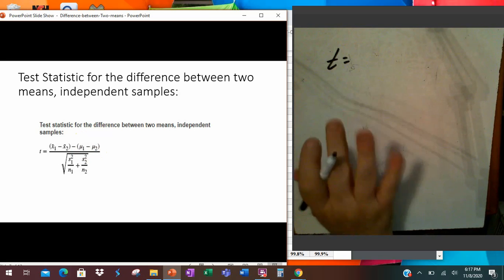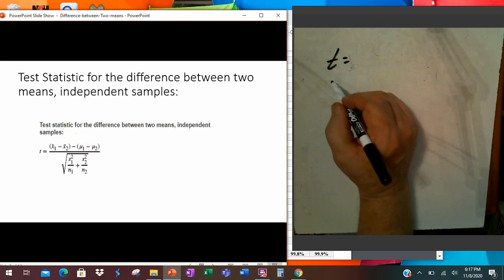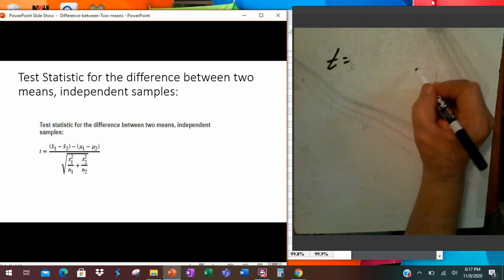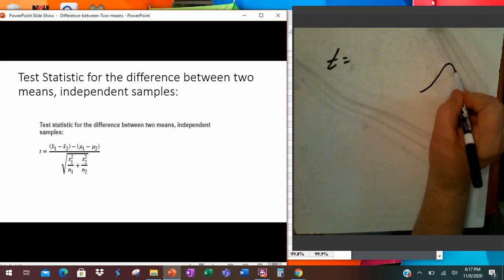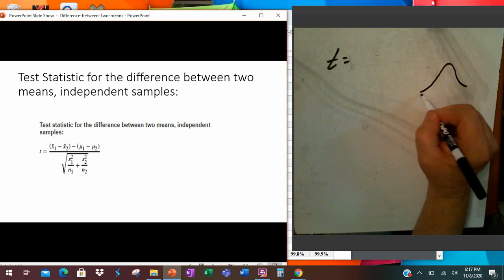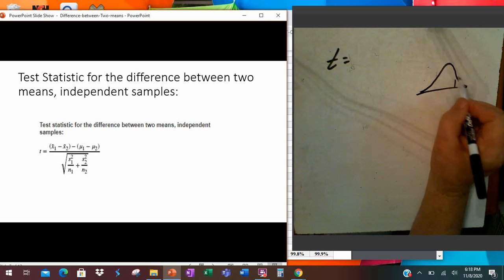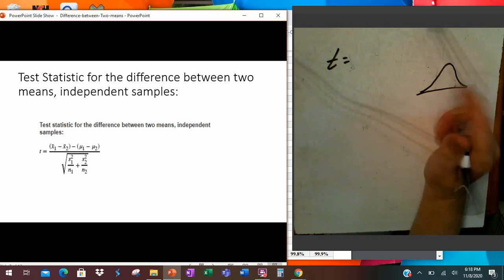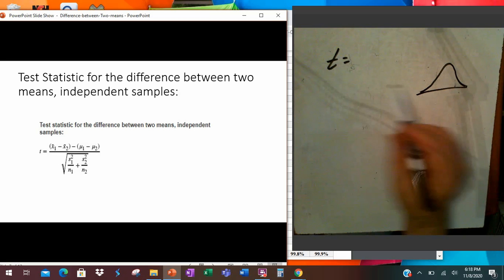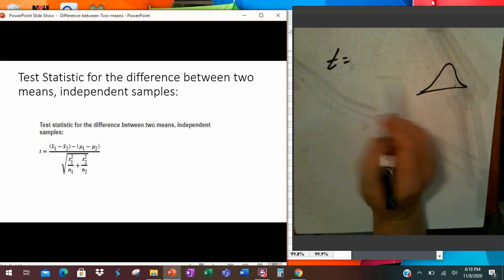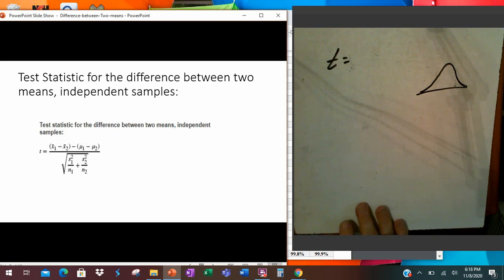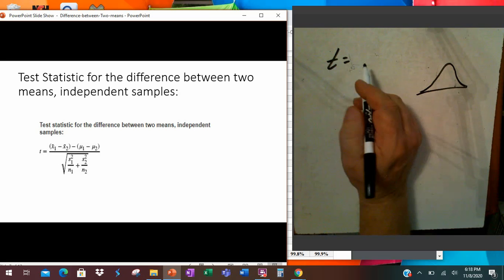The t value, the t-test statistic, I'm going to compare this. If I do a test, I want to compare, here's my rejection regions like we did before, fail to reject, and these are going to be critical values based on the t. T's go with T's, z-test statistics go with z critical values.